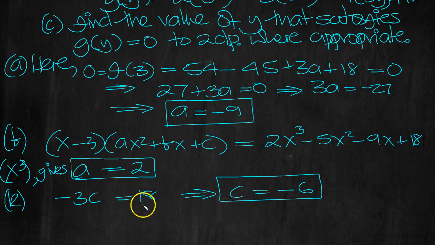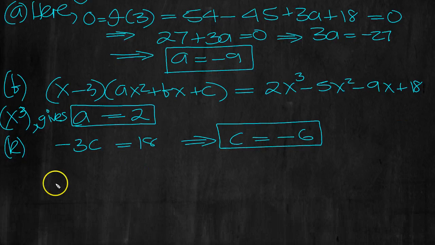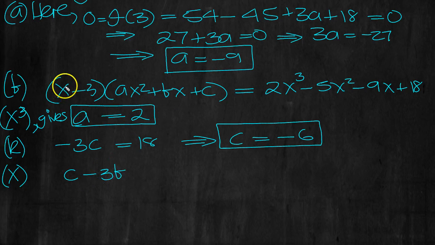So that's fine. Now we need b, and we can get it from the x or the x squareds, can't we? So let's do the x's then. Doesn't make much difference, does it? So x times c, so we get cx, and then minus 3b. So the x term comes from here, cx, minus 3b is the other x term, and on this side we've got minus 9.